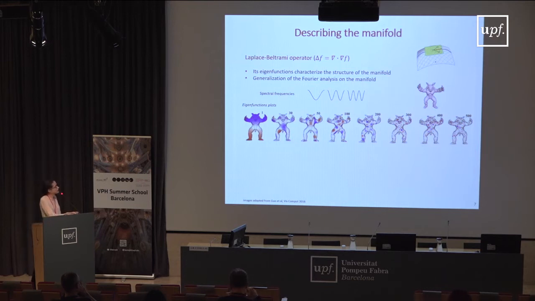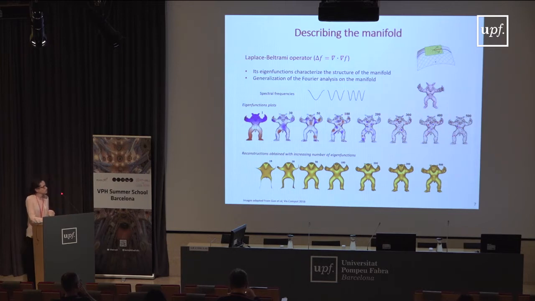And similarly, if we try to reconstruct this manifold from the frequency coefficients, we would obtain this using only 18, and if we progressively use more and more, every time we would be more faithful to the original surface.